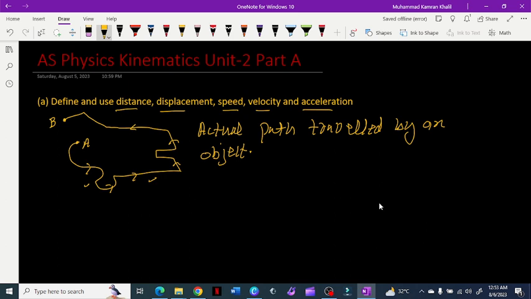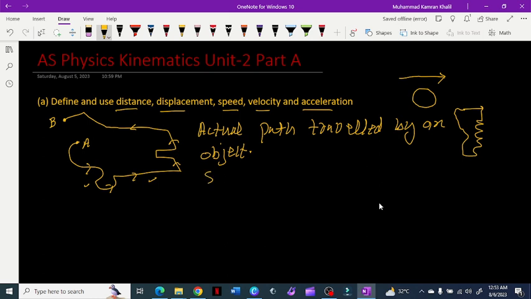The distance can be in a straight line. Distance can be in curve form. Distance can be a combination of straight lines, then a zigzag path, whatever you want to say. So there is no particular direction.